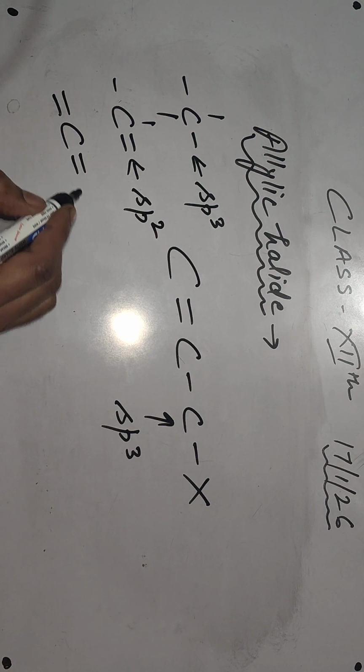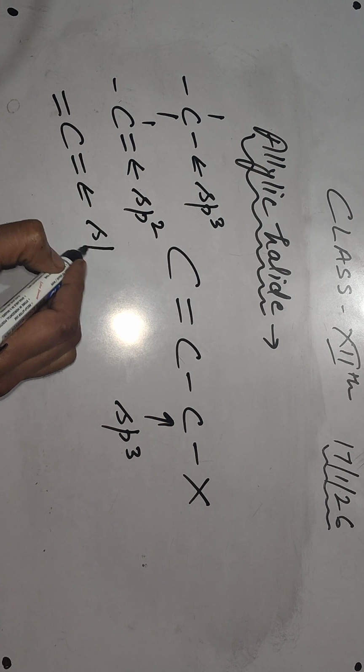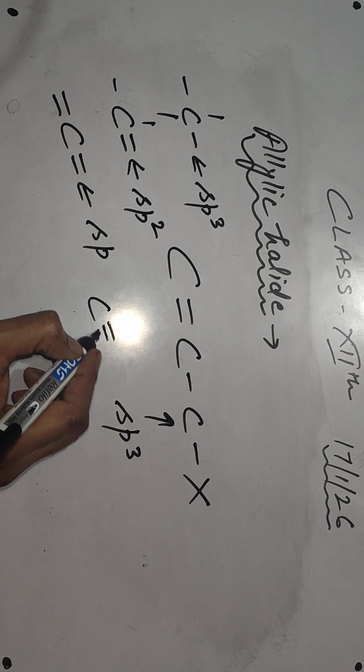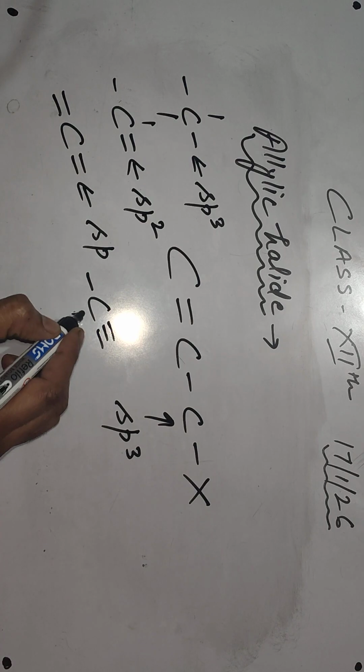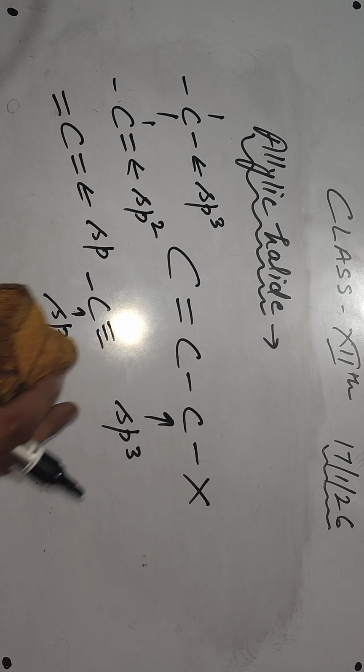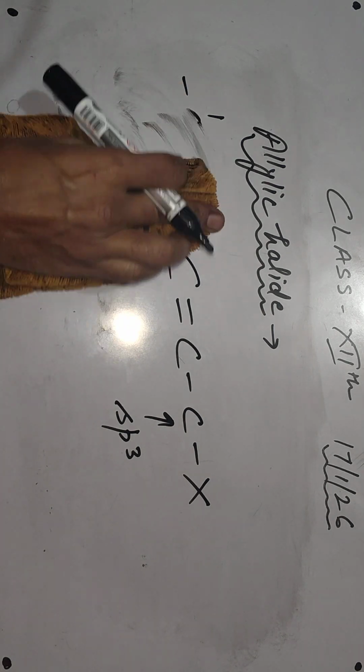If 2 are double bonds, the hybridization will be sp. If 1 is triple, 1 is single, again the hybridization will be sp. So in this fashion, by counting lines around carbon, you can check its hybridization. So this is the condition of allylic halide.